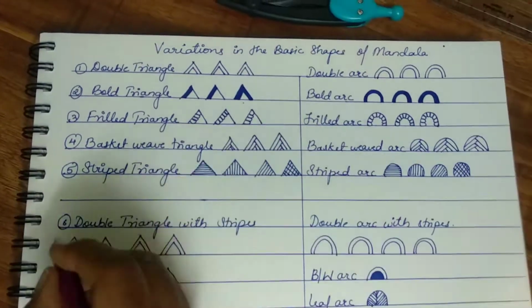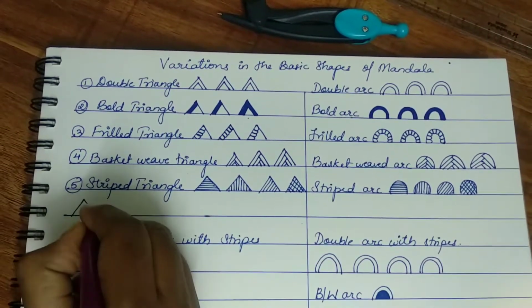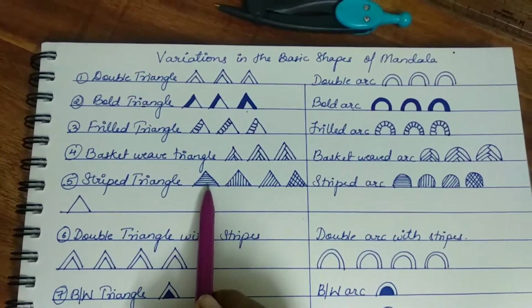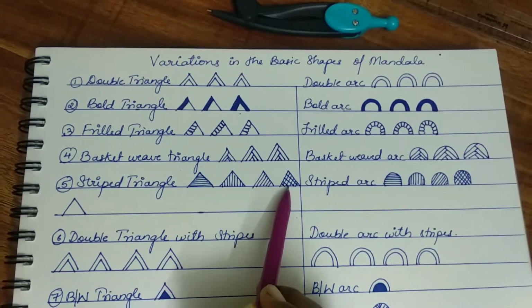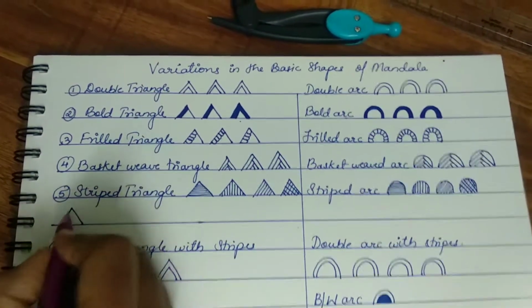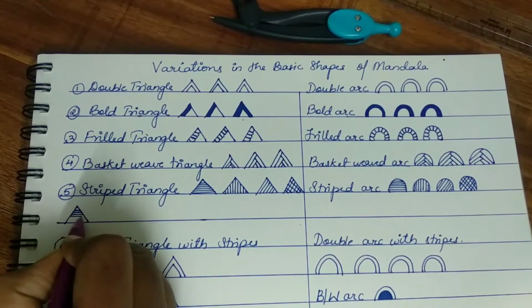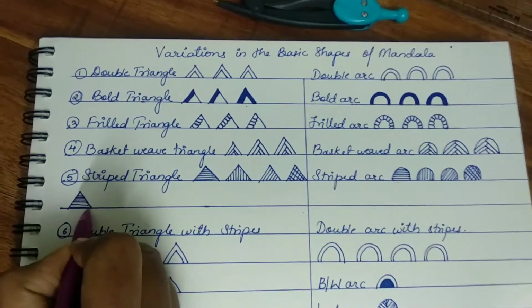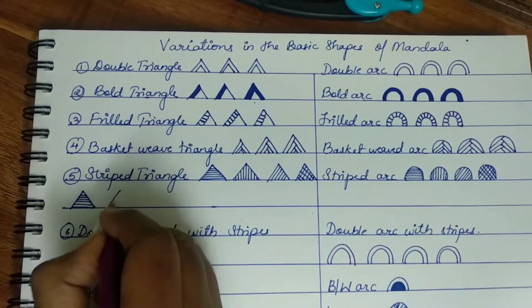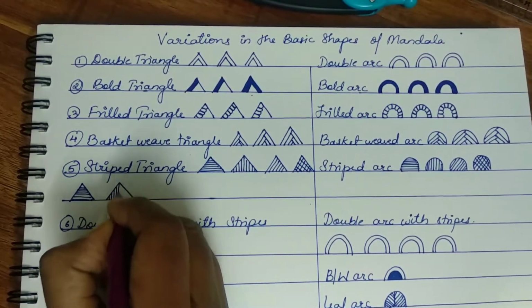The next variation is the striped triangle. Like you already see, I have drawn here horizontal lines, then the vertical lines, slant lines and crisscross lines. So let's see how it is made. First draw a triangle and then draw horizontal lines. The other one again, draw a triangle and the vertical lines.